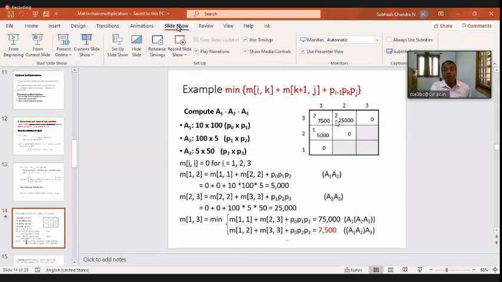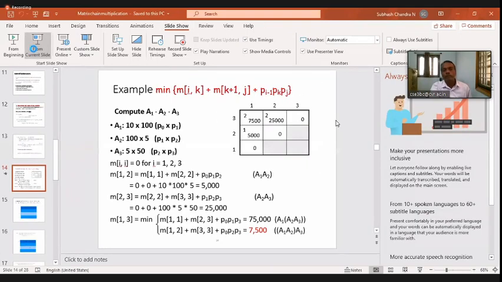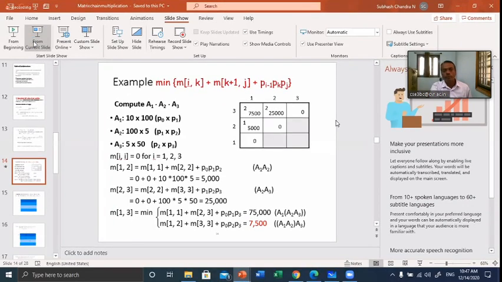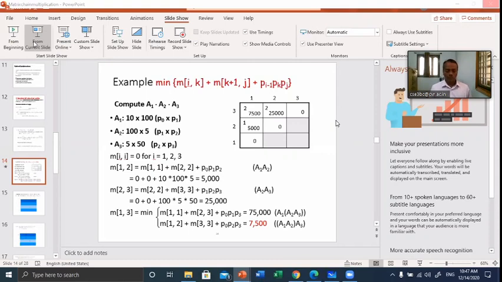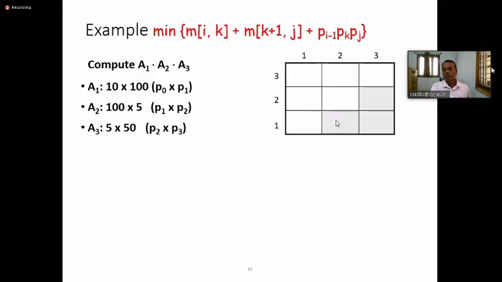I'm converting it to slideshow now. See, try to understand clearly. A very simple example I'm going to explain.